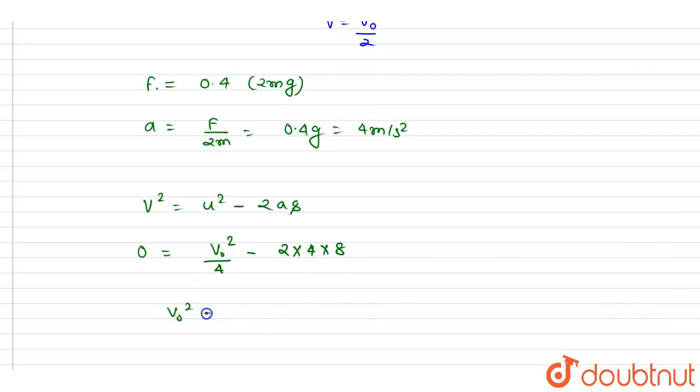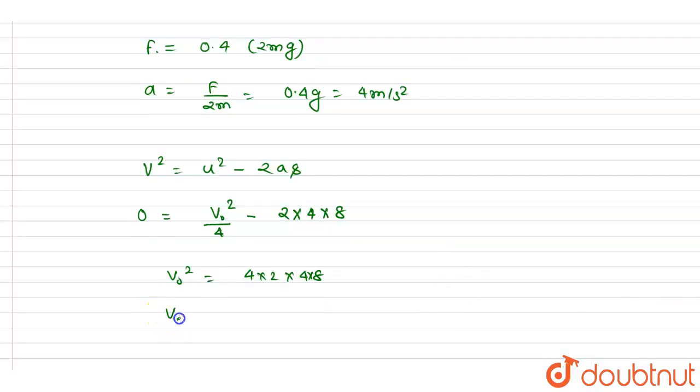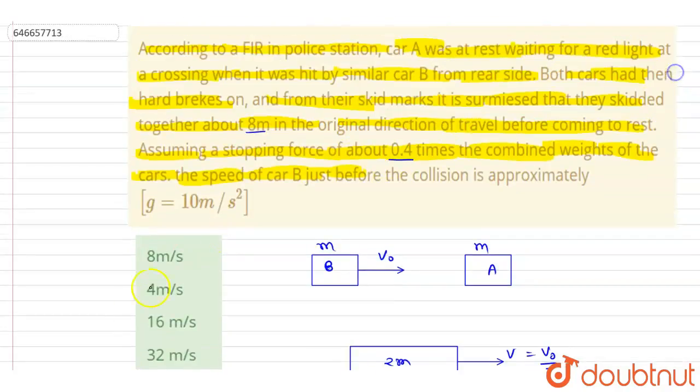From here we'll write v0 square is equal to 4 into 2 into 4 into 8, that is v0 is equal to 16 into 16. So now you can check for the option here. C is the correct answer. Thank you.